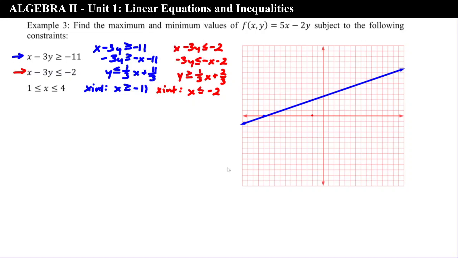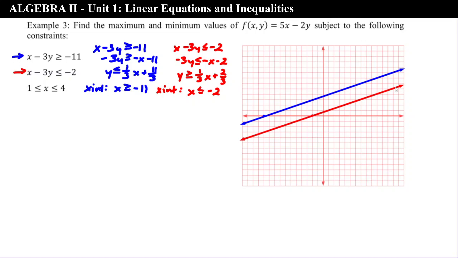And we would expect parallel lines because the slopes are the same for both of these graphs. Okay, so there's our two lines for the first two inequalities.